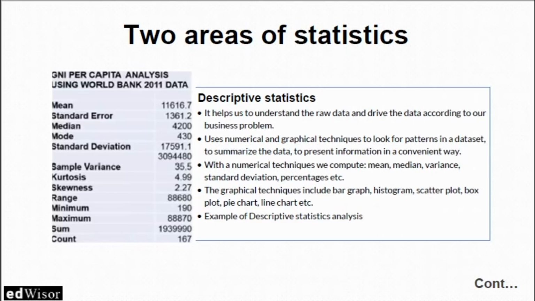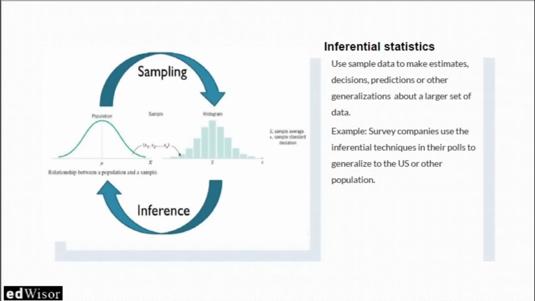So guys, now let us understand what inferential statistics is. This area helps us to make inferences from the data in order to make conclusions that go beyond the immediate data. Suppose you have received the data and applied your descriptive statistical skills, so you understand the data.